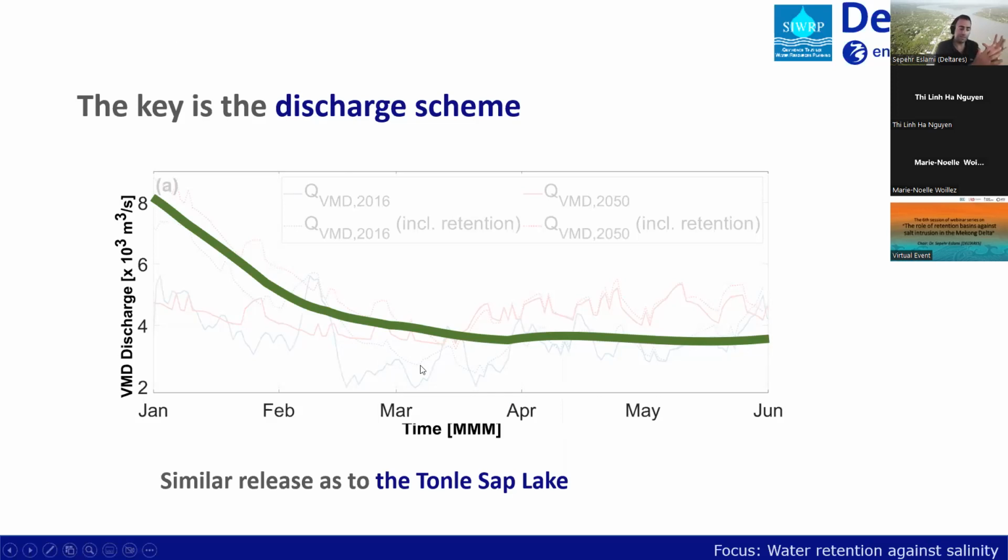It's not that if we have the largest storage in December, that's sufficient to manage salt intrusion in the month of February. So this is the main challenge, and like I mentioned, it has to cover more or less 2 to 3 months of freshwater to be managed.